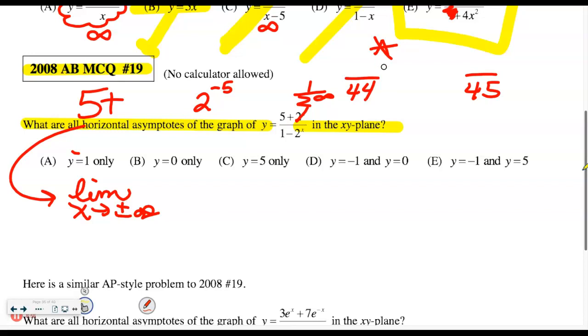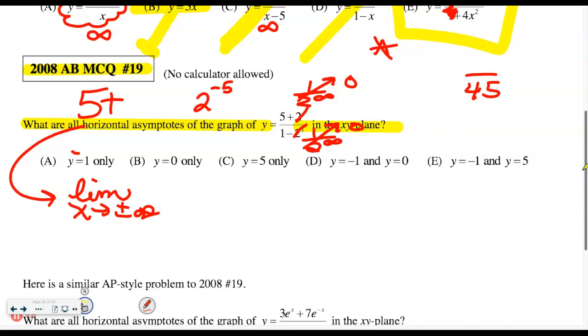What does 1 over 2 to the infinity approach as we get bigger and bigger? 2 to the 999999999 power, 1 divided by it. What's that going to go to? 0, right? That's going to be gone. Same here. If this was negative infinity, it'd be 1 over 2 to a gigantic power, also going to 0. What should the correct answer be? E.